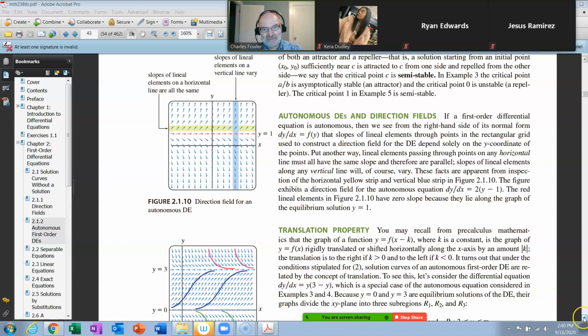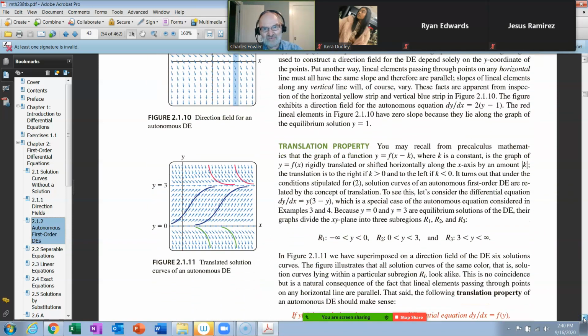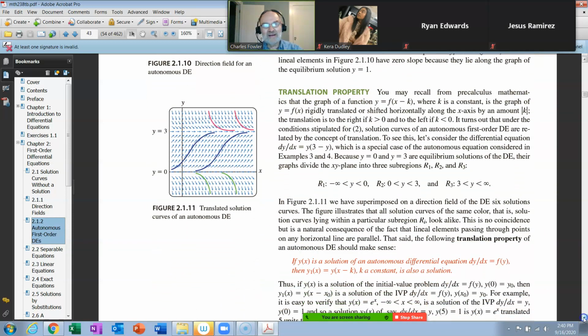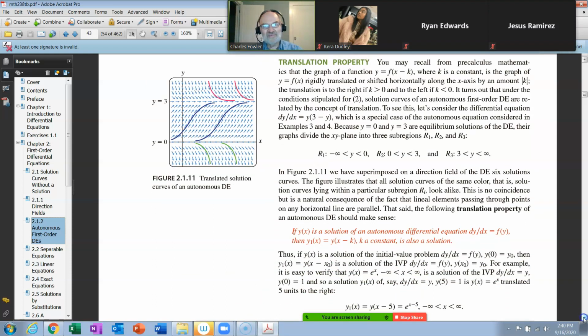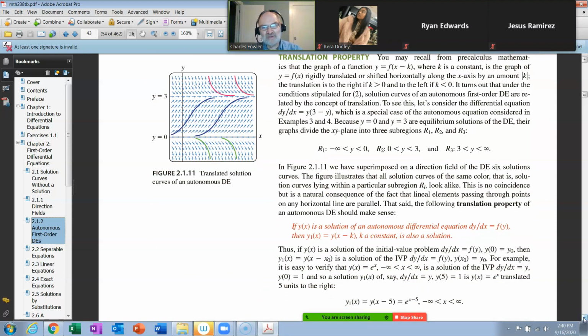Let's move on down to what they call the translation property, which is sort of related to stuff you did in even pre-calculus algebra. You may recall from pre-calculus mathematics that the graph of a function y equals f of x minus k is translated to the right k units, where k is a constant. I'm assuming k is a positive constant.